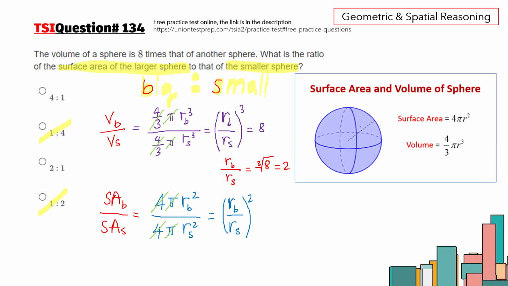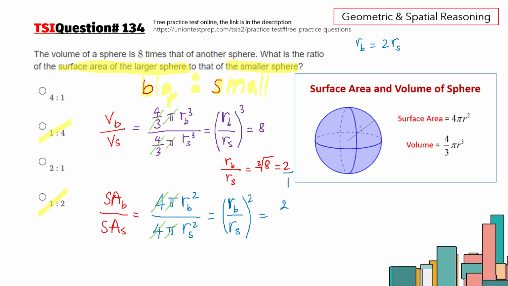And we want to know what this is. So we plug in. We see that b over s is 2, also 2 over 1, which just means the radius of the bigger one is double. So r of b is double r of s, the bigger radius is twice the smaller radius.